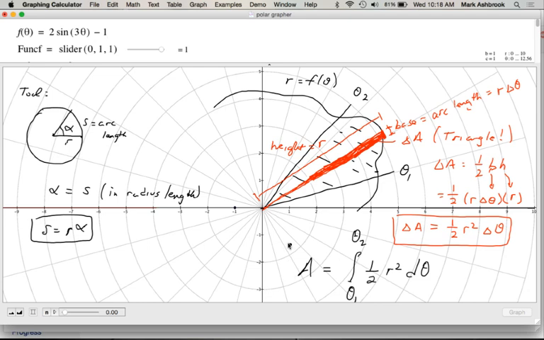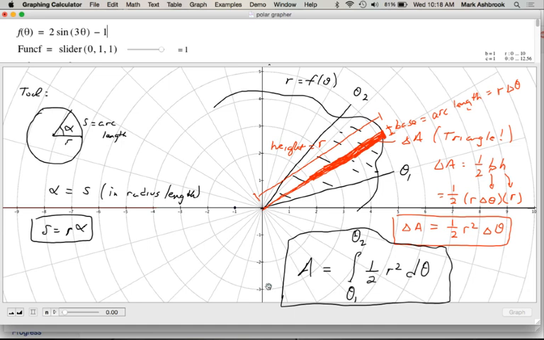So that is our generic formula for area in polar coordinates. Again, our typical element now is these triangles. So it was all based on the area of a triangle, 1/2 base times height.